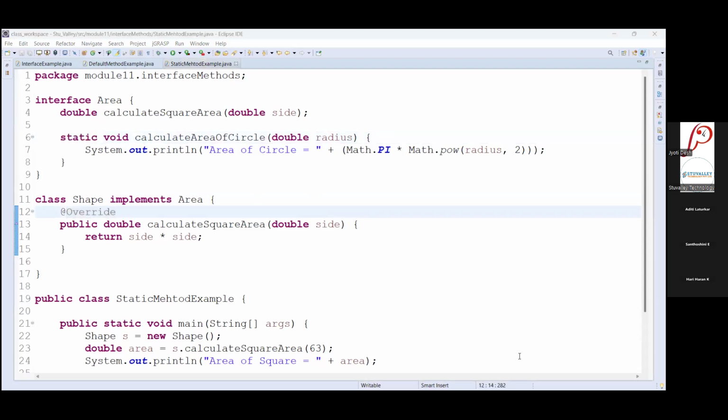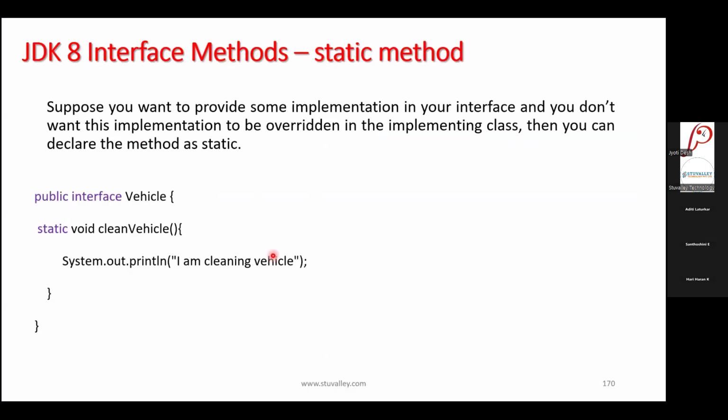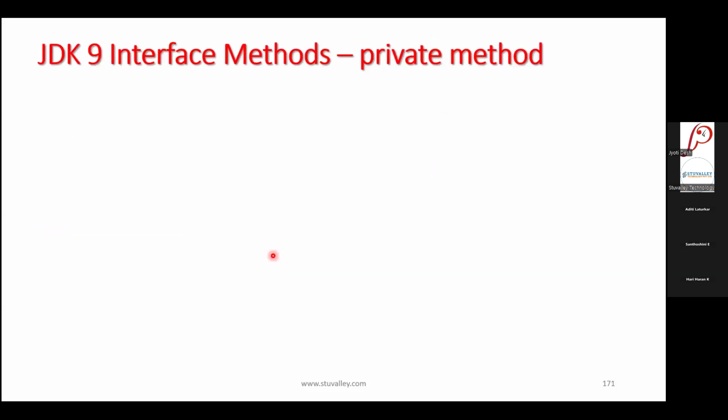Now, next. I hope everyone is clear with the concept of when to write a default method and when to write a static method. Now the third one is from JDK 9 version. Private methods are also allowed inside an interface.